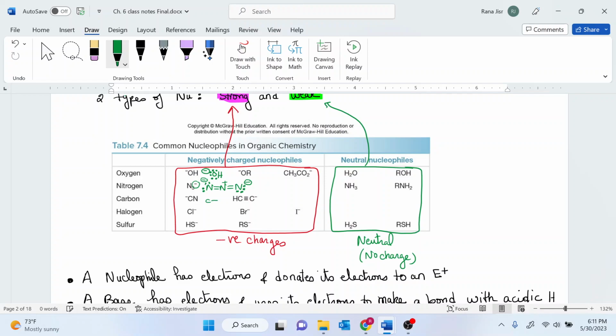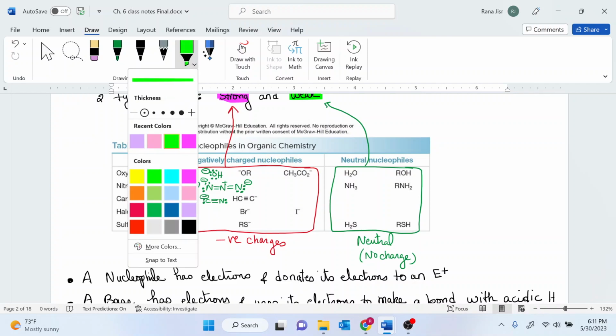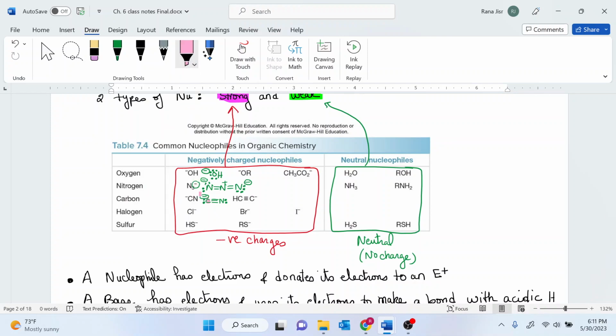The cyanide is a C triple bond N, where the N has lone pairs in there, and the carbon has lone pairs as well. The carbon is the negative charge. Let's highlight our nucleophile here. So our nucleophile here is the carbon. The nucleophile here is one of the negatively charged nitrogens. The nucleophile here is the oxygen.